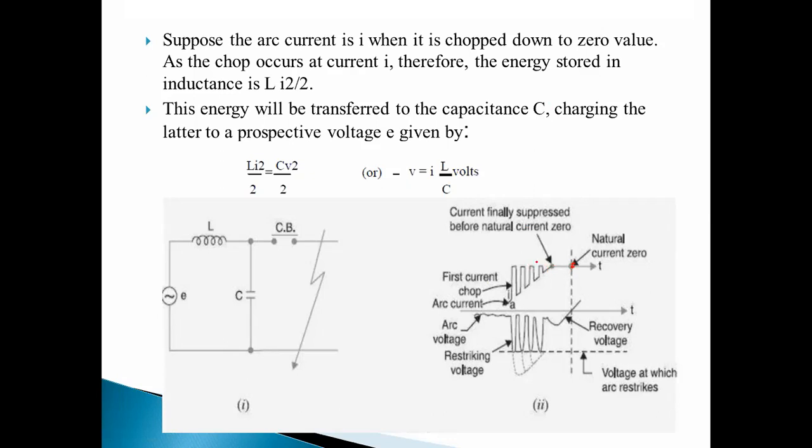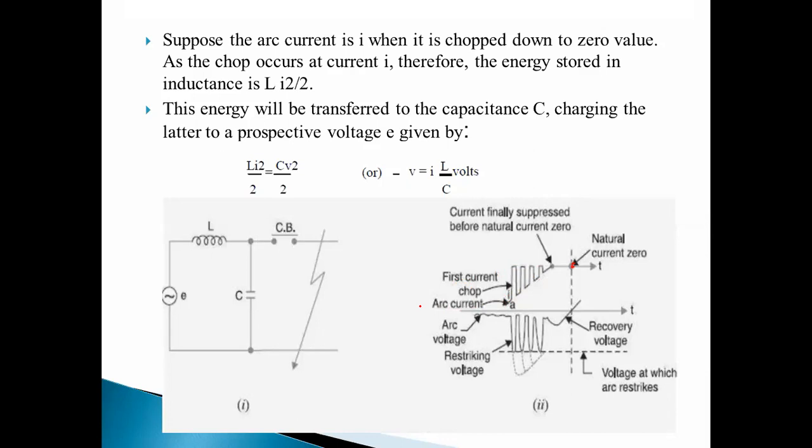Before that, the current becomes zero. So this is the first current chop. This is the arc current, and this is the first current chop, meaning it starts decreasing.